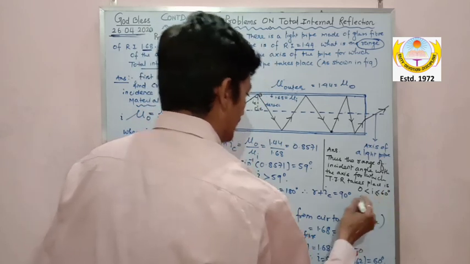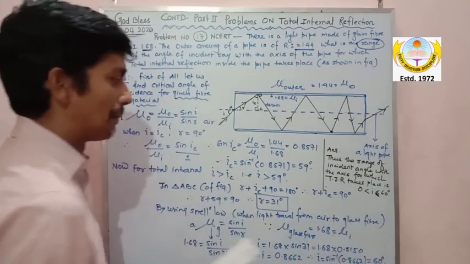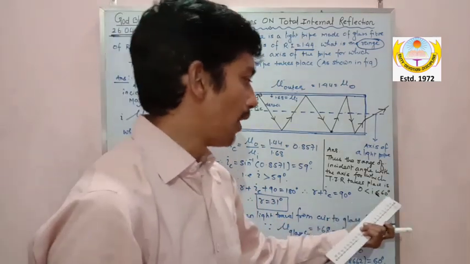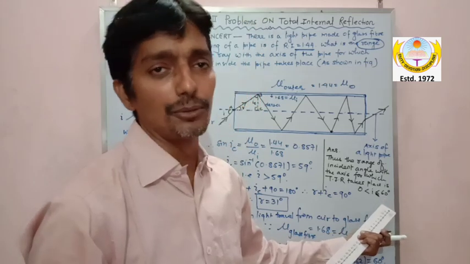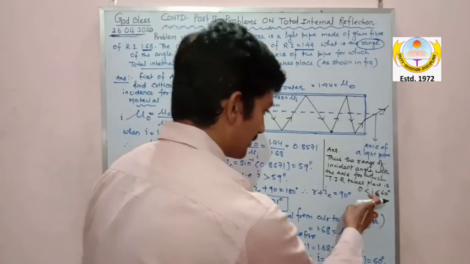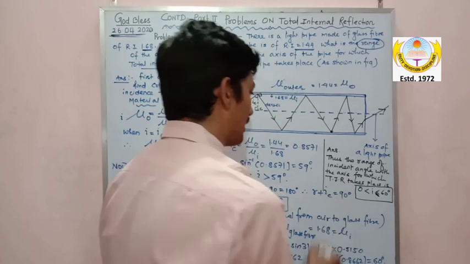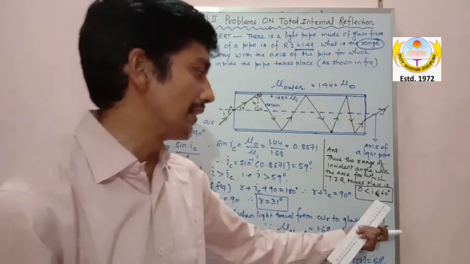Maximum equal to 60 degree, you can see. That means I should be greater than 0 and less than or equal to 60 degree. That is, it is either equal to or less than 60 degree.